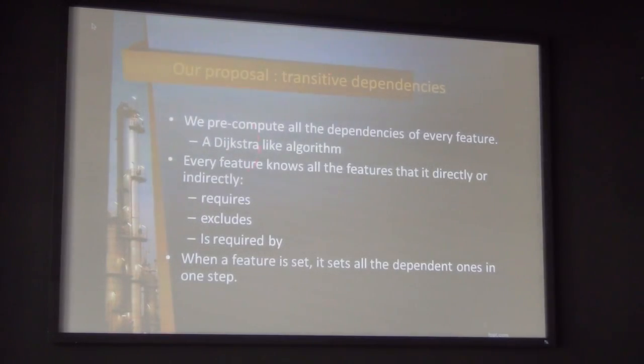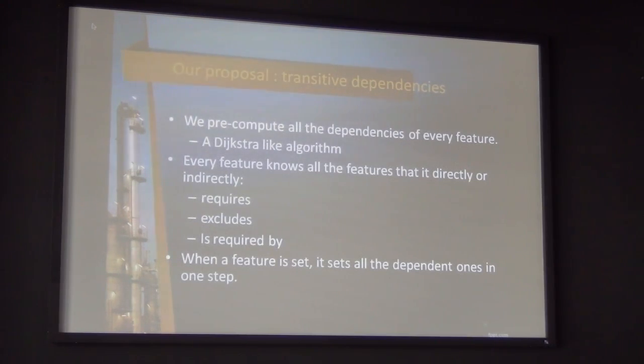Okay, so this is the idea. As I've said, we pre-compute all the dependencies of every feature. And for that, we use a Dijkstra-like algorithm. I won't go too deep into this because it's going to take time, but it's a very efficient algorithm, and it computes all the dependencies very quickly.